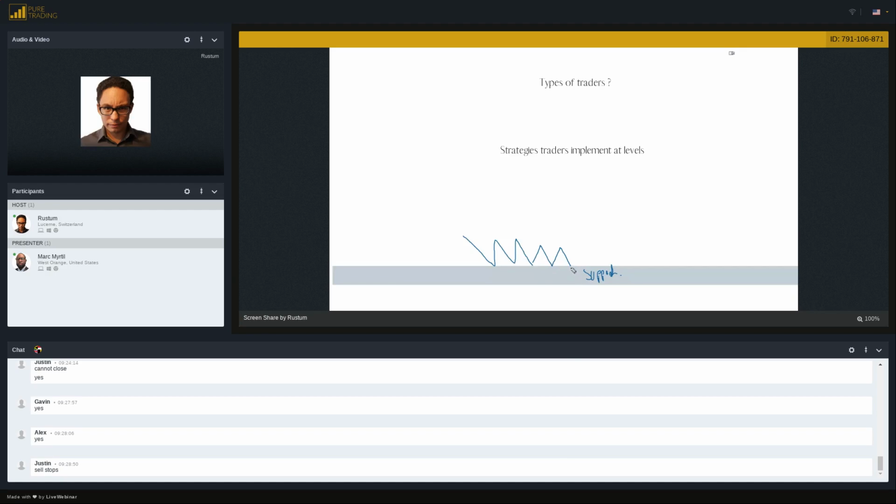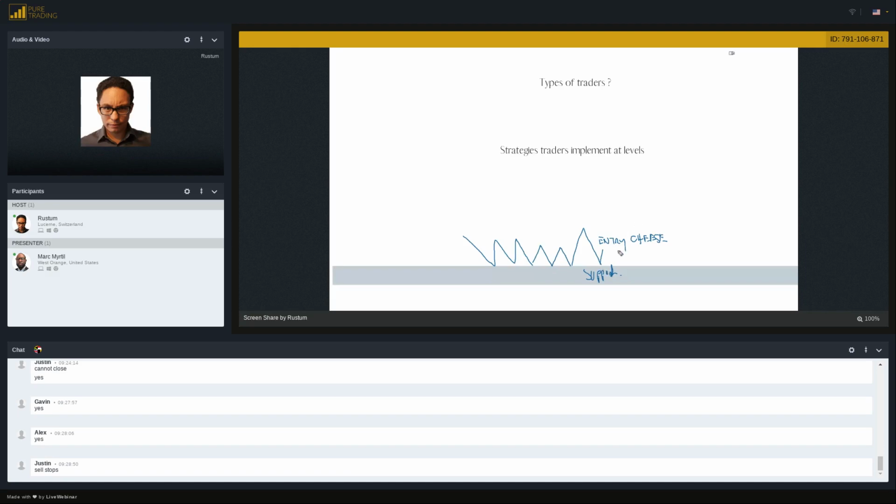So prices hit the level, it creates entry cheese. So who creates the entry cheese? It's the level trader. He makes that entry cheese happen. He's an aggressive sort of guy because he doesn't look for any confirmation.